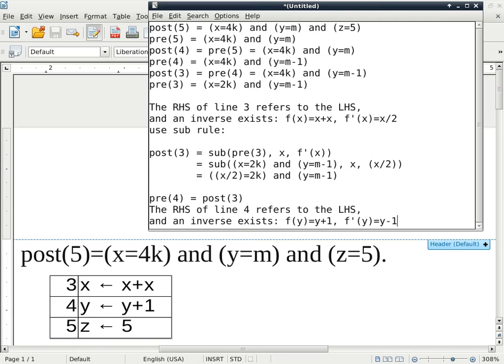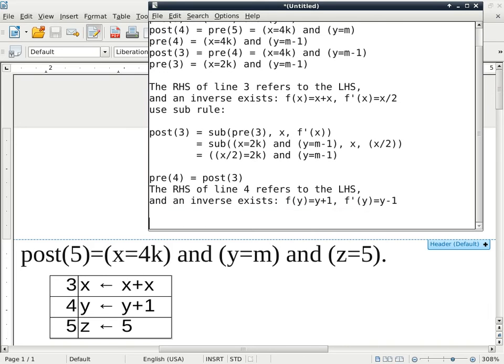Now, to be much more complete, I would go and prove that the inverse works. In other words, if you apply f prime to f of y, you get y back. Because that's the only way to show that this in fact is the inverse function of that function. But in this class, in an exam like this, if you just tell me what the inverse is, it's good enough.